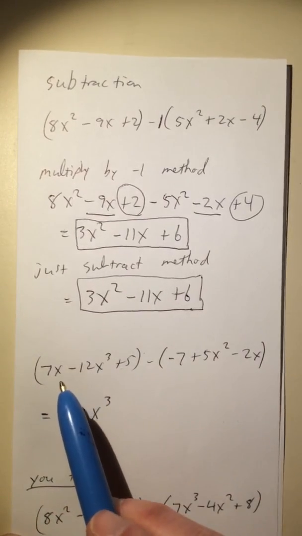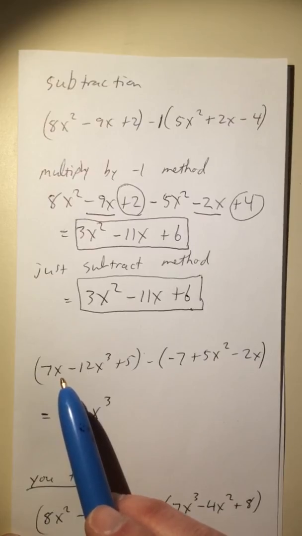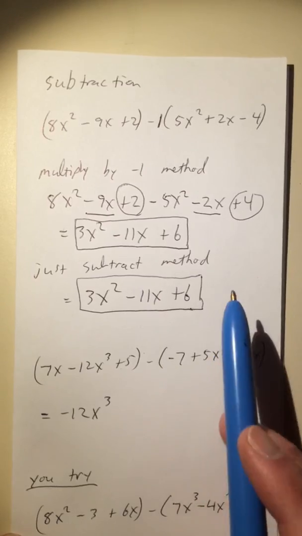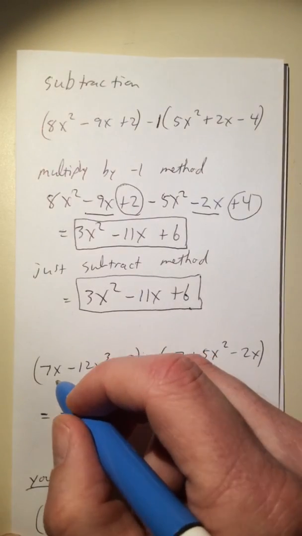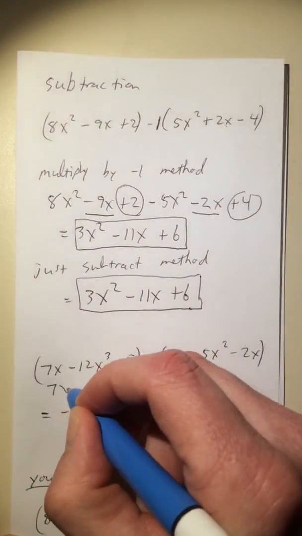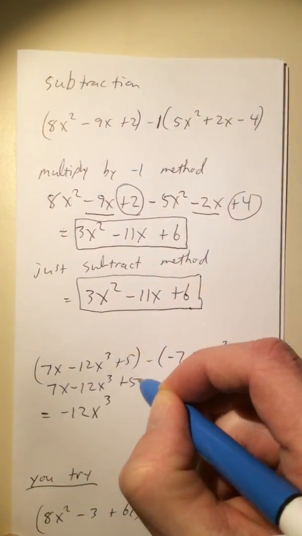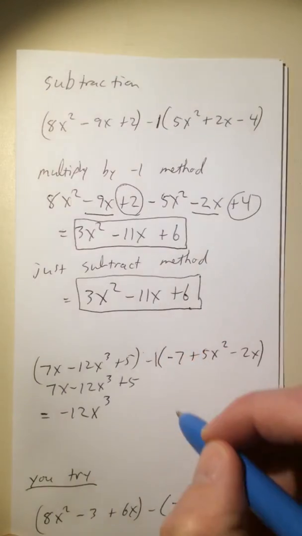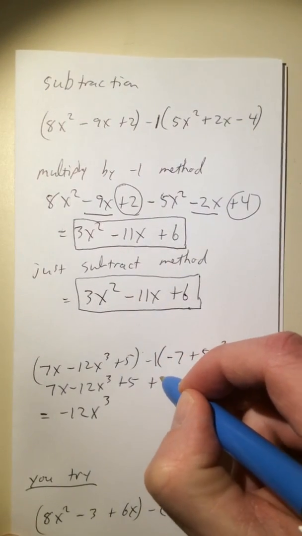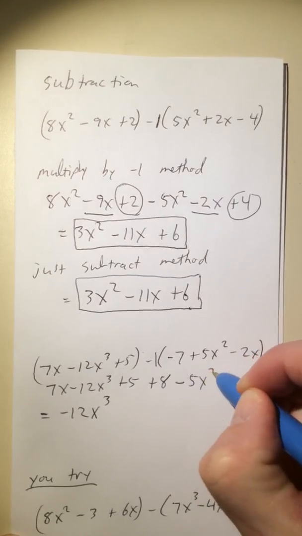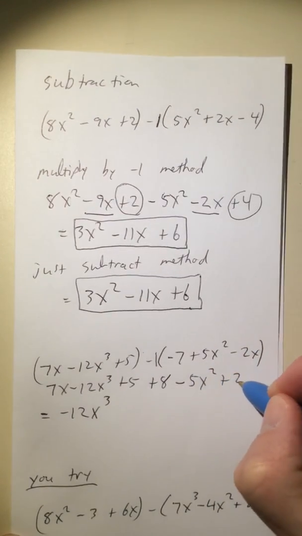And then we go down to the next power down. Actually, you know what I'm going to do? I'm going to multiply through here by negative 1, as I suggested up there. So I'm going to have 7x minus 12x cubed plus 5, multiplying through by negative 1. And that's going to give us plus 8 minus 5x squared and plus 2x.